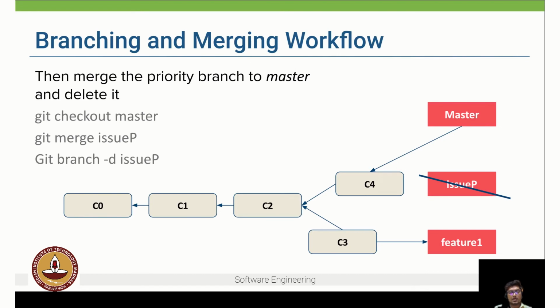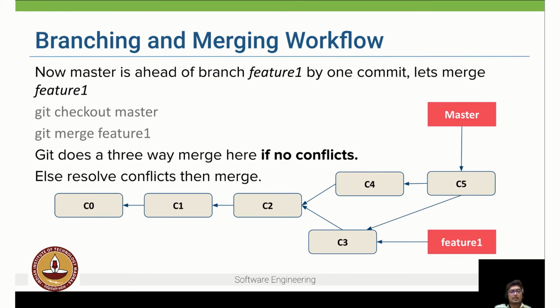Now the changes in issue p are merged to master, but those changes are not available in the feature 1 branch, because the feature 1 branch was created from master when master was on C2. So we say that now master is ahead of branch feature 1 by one commit. Now let's try to merge feature 1 into master.